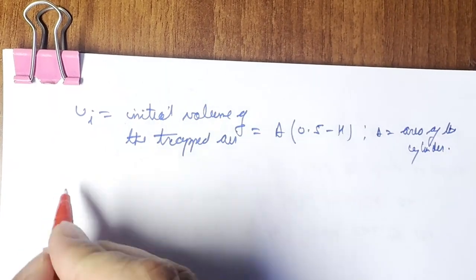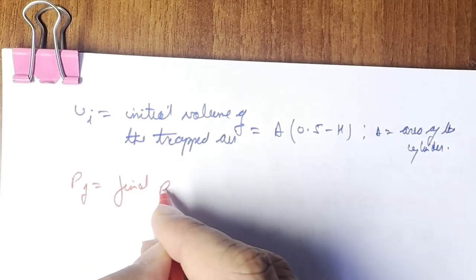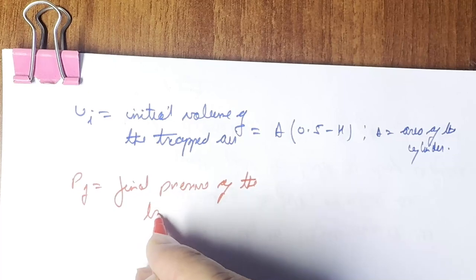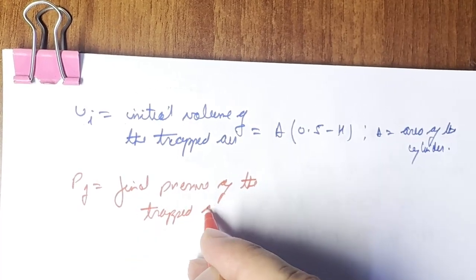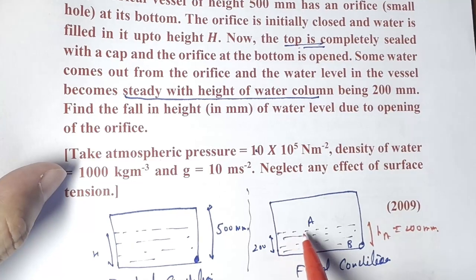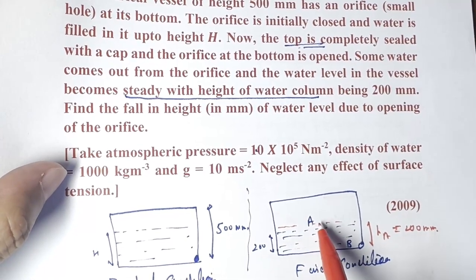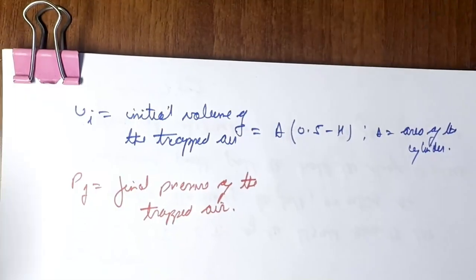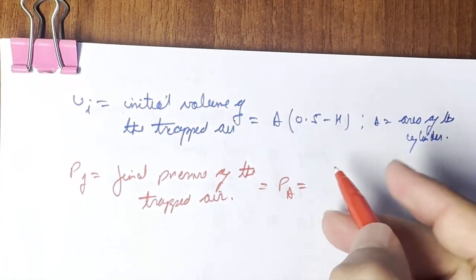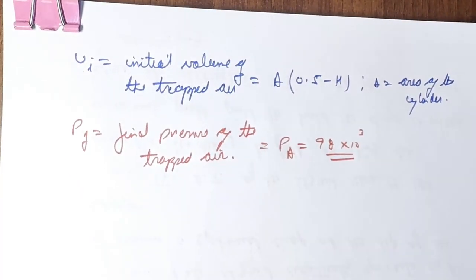Pf is the final pressure of the trapped air. Please keep in mind that we just calculated the pressure at point A, or level A. So Pf will be equal to Pa, and Pa we found out is 0.98 × 10⁵.